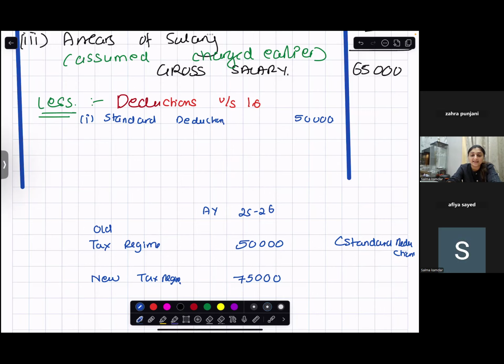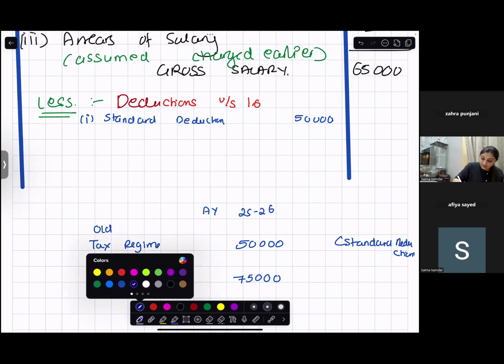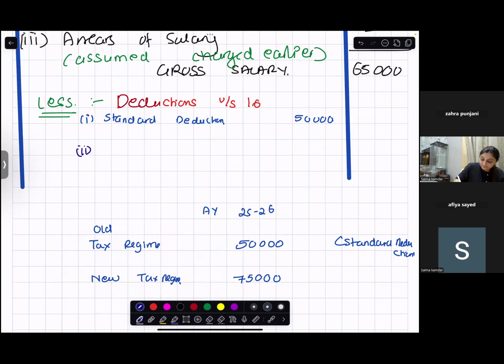The next deduction is entertainment allowance. Do you remember anything about entertainment allowance? Tell what you remember. I don't remember. So, whenever you say entertainment allowance, one thing that should come into your mind is deduction under section 16(ii).